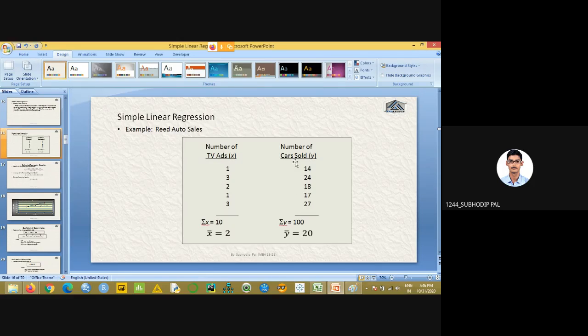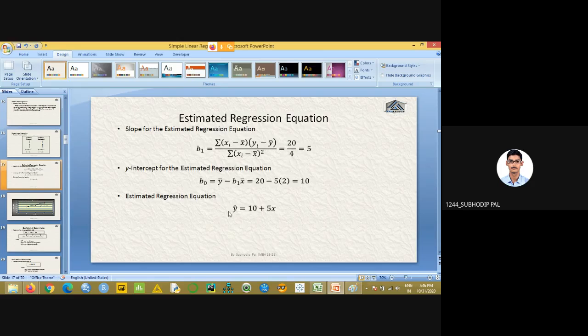From there only I am getting this model. Correct? Got it? Yes. Yeah. Yes. So let me do that.